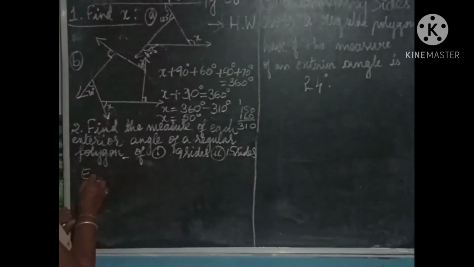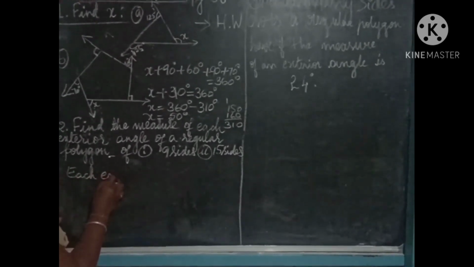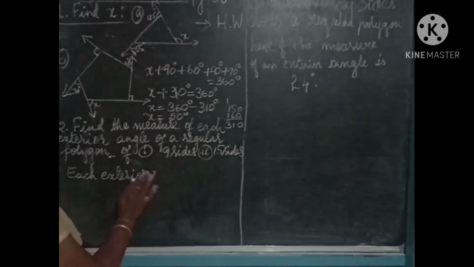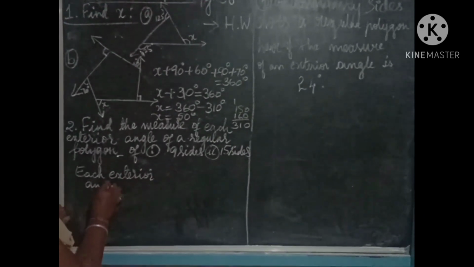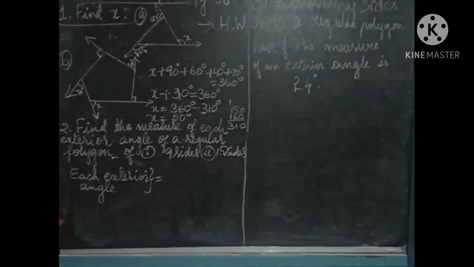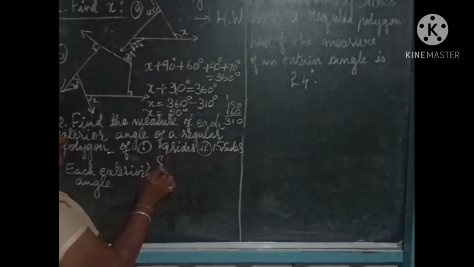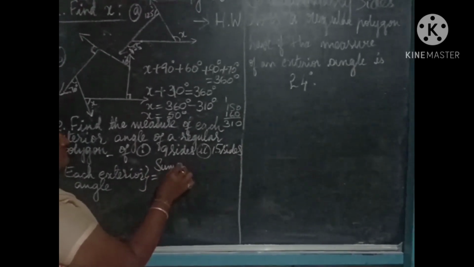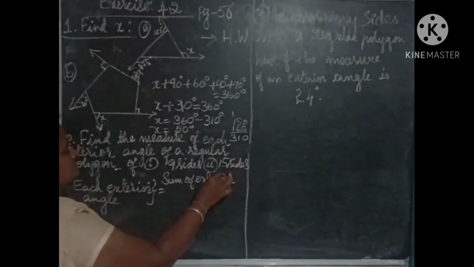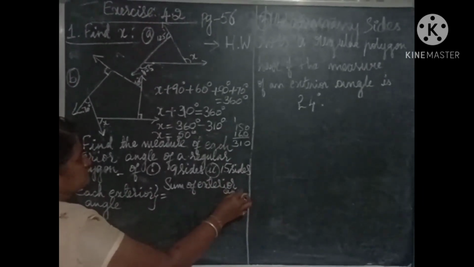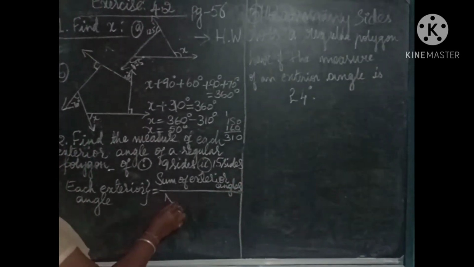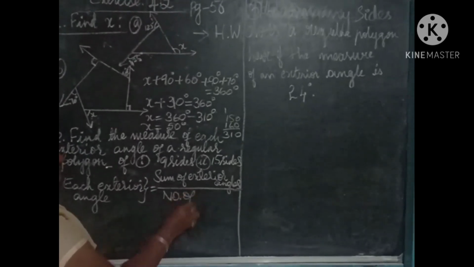So each exterior angle is equal to the sum of exterior angles divided by the number of sides.